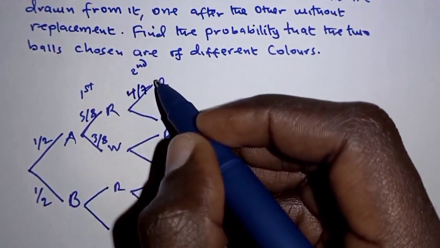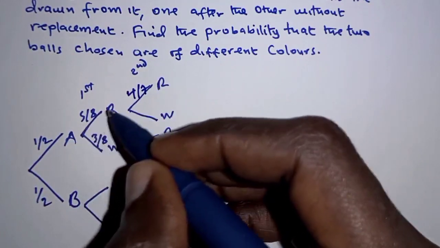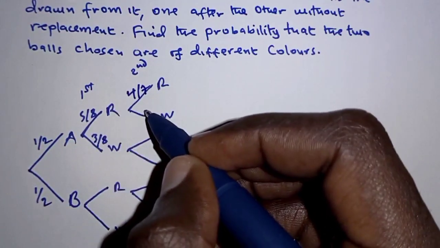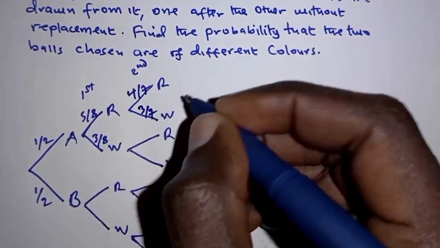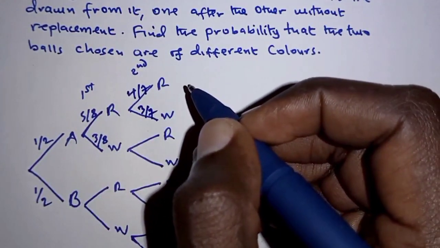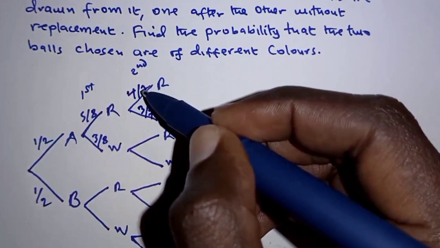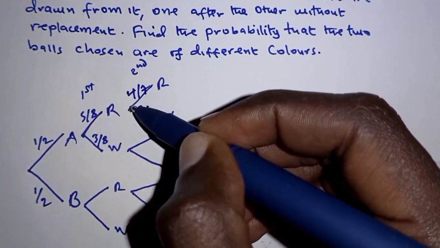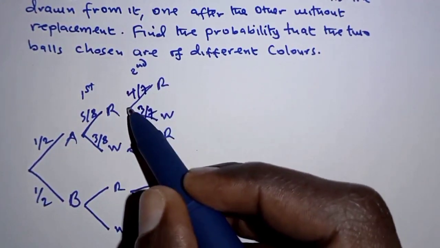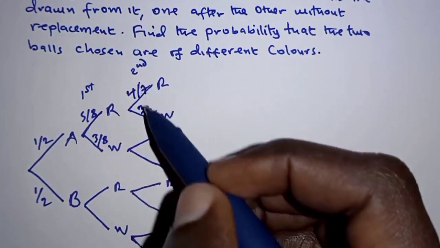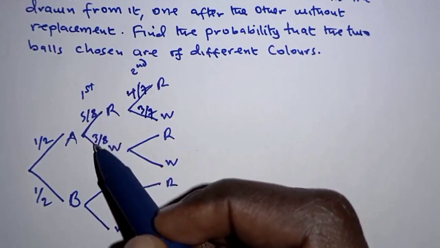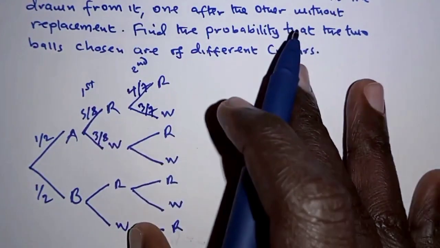So we have 4 over 7. And when we picked a red, that means whites remain the same. So we have 3 over 7. Another thing we need to take note of here is that if we take the probability in this branch and add it to this other branch, the sum should be 1. So here we have 7 over 7, and here was 8 over 8.